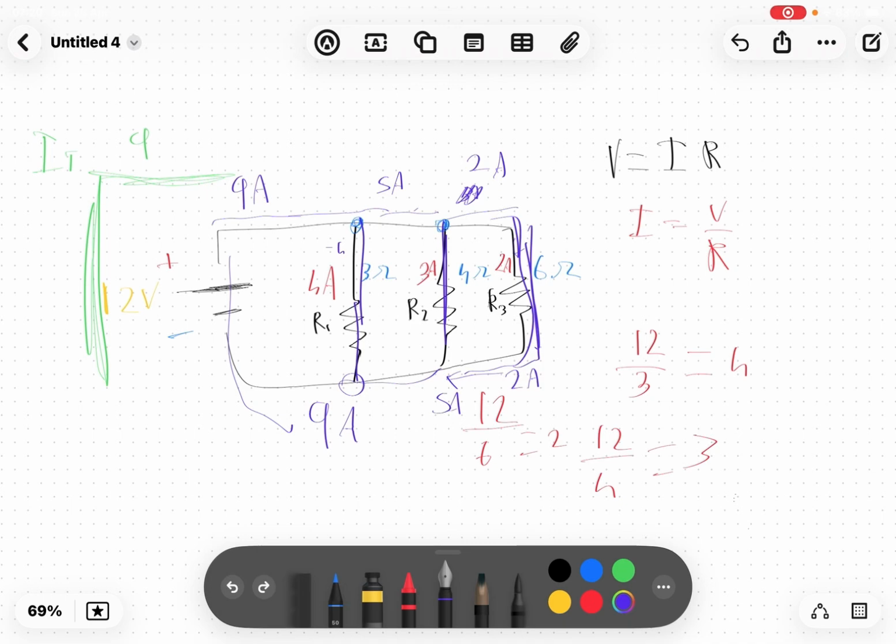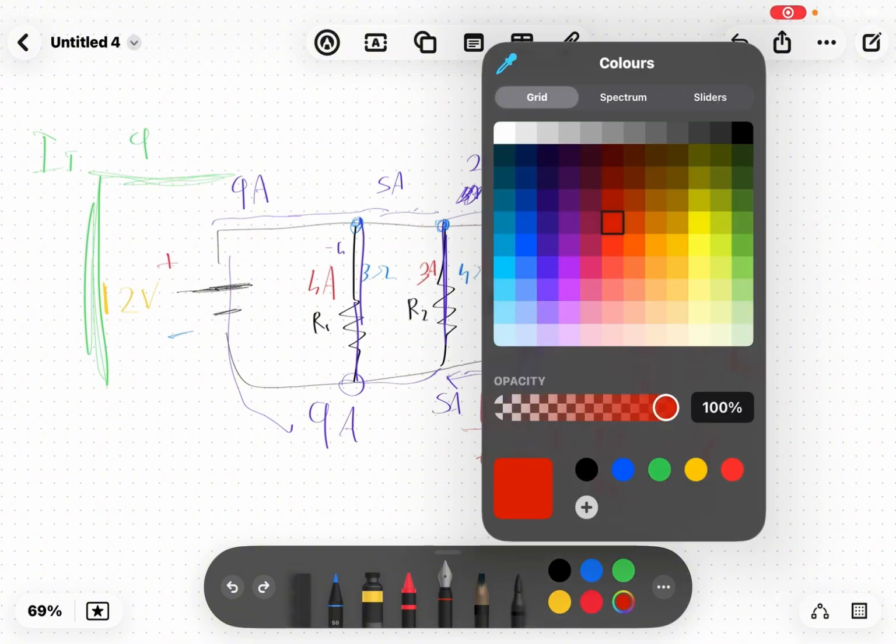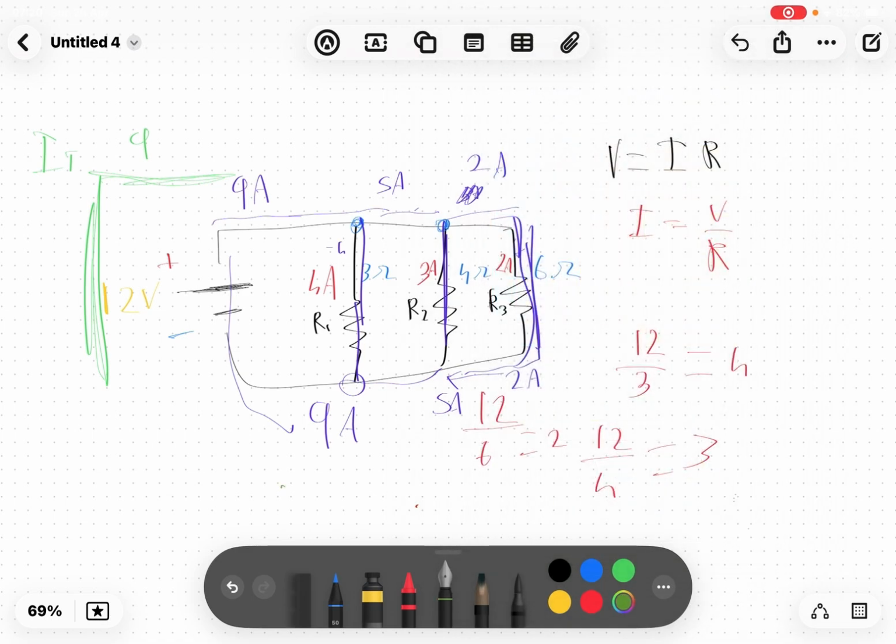And if we want, we can calculate the voltage of each resistor, but in general, you should already know how to do it. Let's do a different color, let's do green. So voltage equals IR. We have the I, we have the R, so you can just do it.